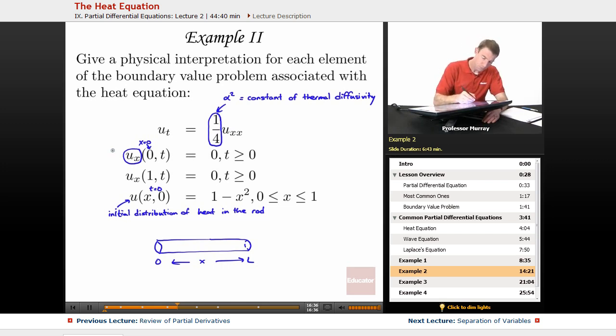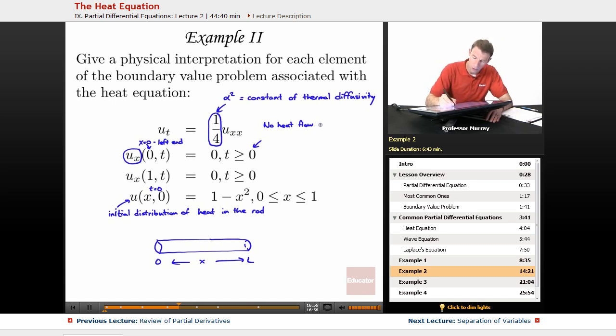So this is telling us that there is no heat flow, and this is at the left end of the rod, because x is equal to 0.